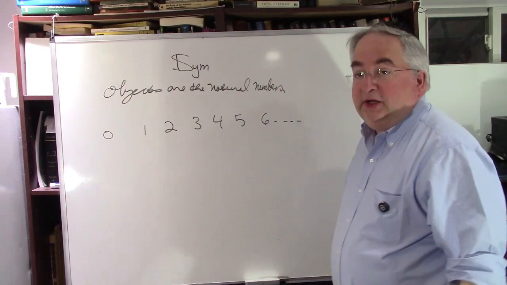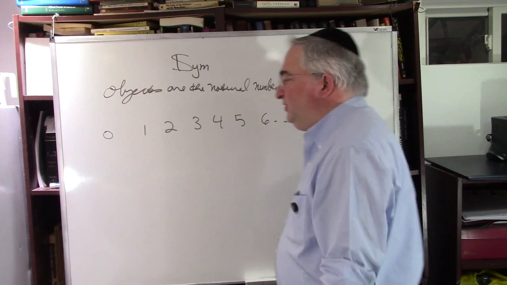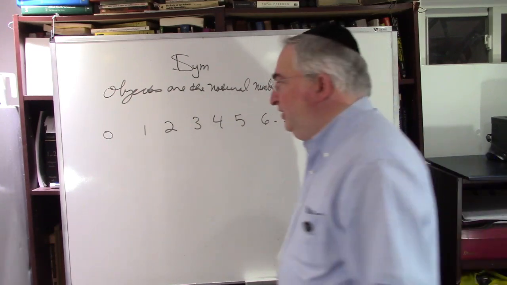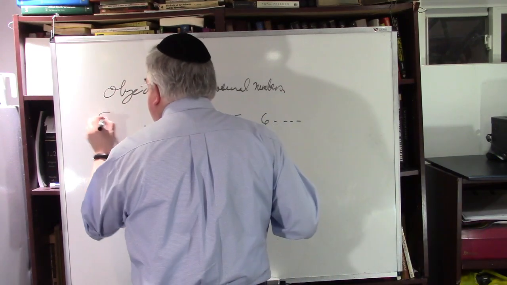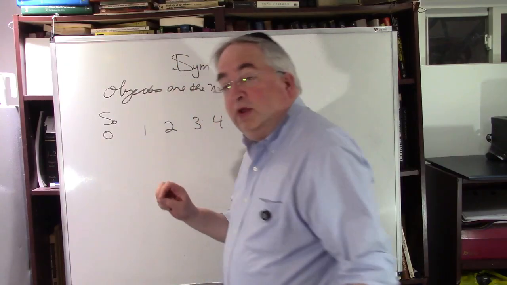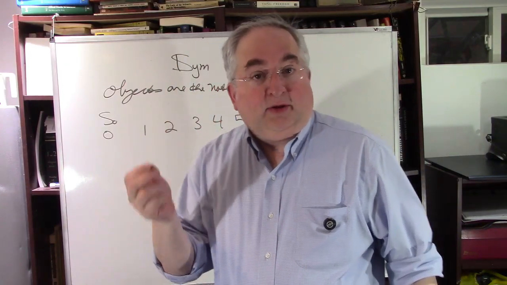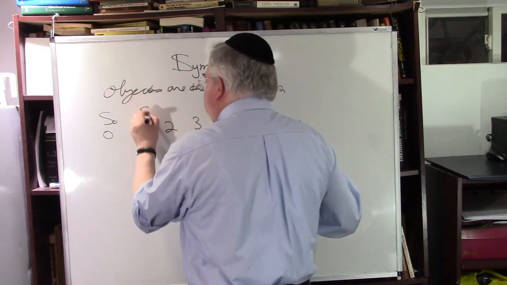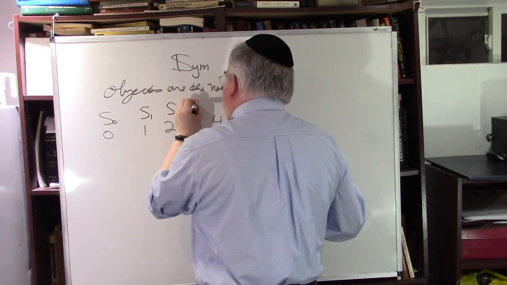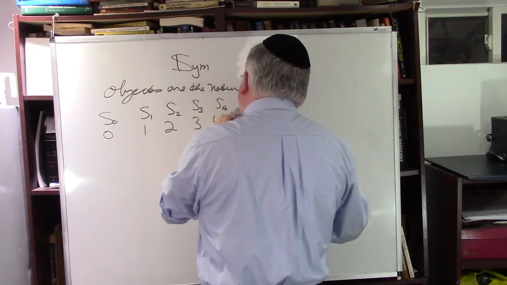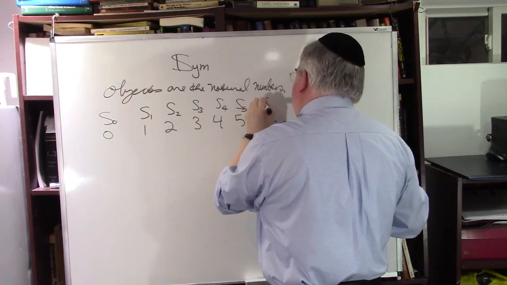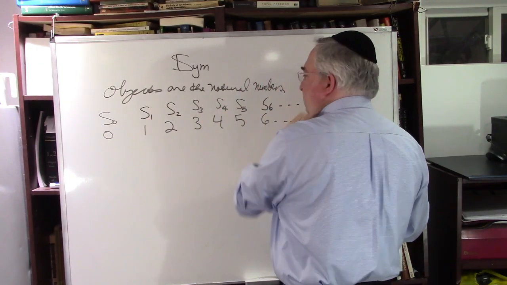Okay, that's the objects. And the morphisms, this is a little bit funny, the only morphisms here are S0, that's a group, but thought of as a one object category, S1, S2, S3, S4, S5, S6.